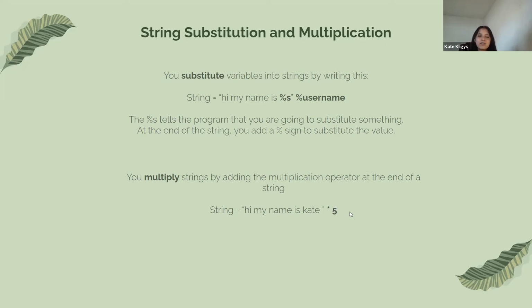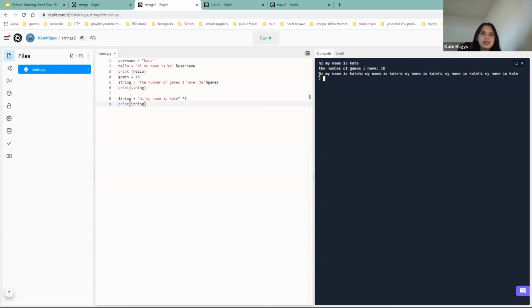If I want to say this 5 times, and I don't want to type it out 5 times, you can go back to my Replit over here, and you can see if I run it, it says, hi, my name is Kate, hi, my name is Kate, and it says that 5 times, which is something that I would have had to type out 5 times. You could use this if you want to make long lines of spaces or just long numbers in general. It's much easier to use the multiplication symbol.